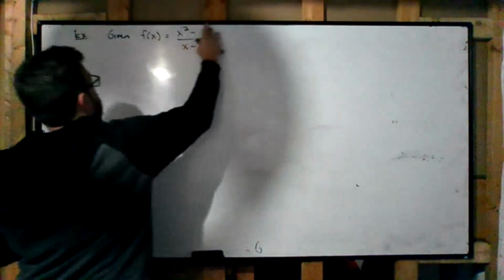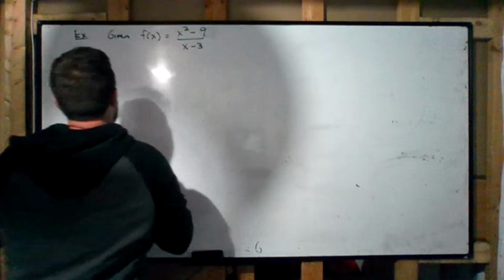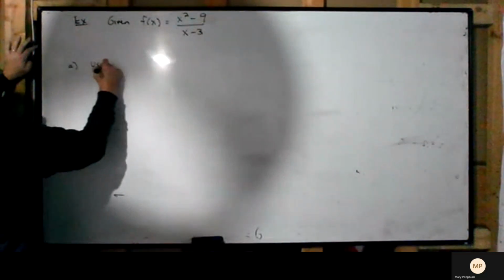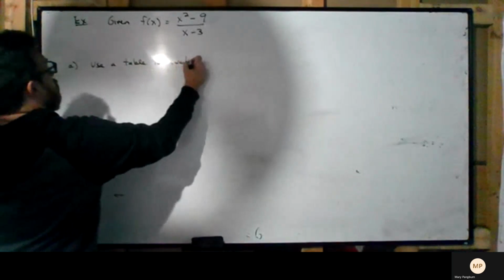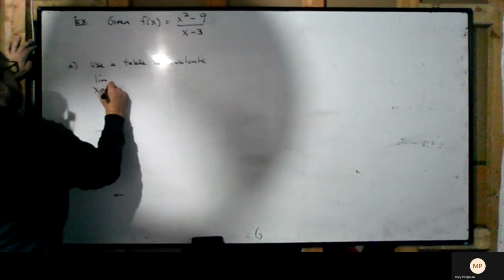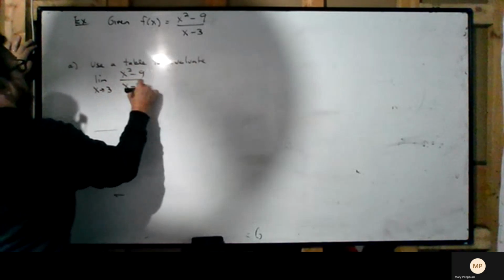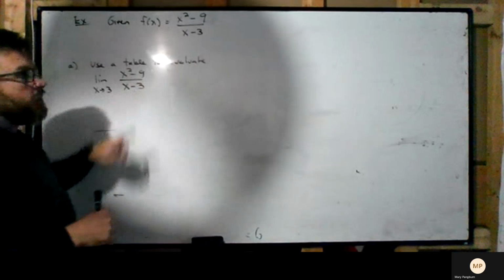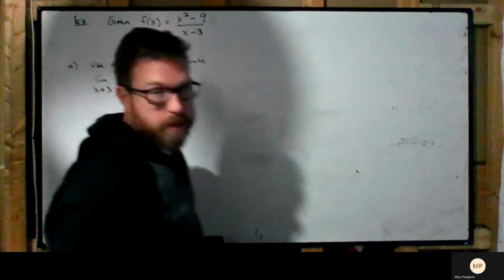Okay, so what I want to do is find, using a table, to evaluate the limit as x approaches 3 of x squared minus 9 all over x minus 3. What's the limit of this f of x? And then B, I want to use algebraic methods.